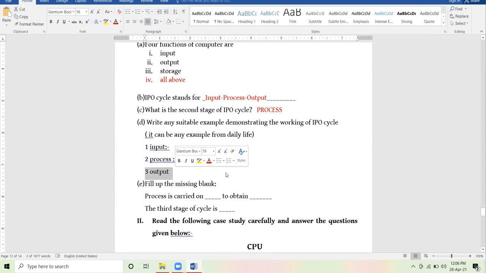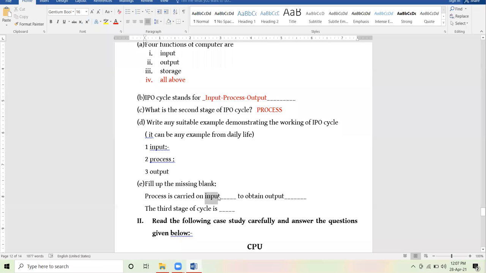Clear? All right. So, Kanish, unmute yourself, beta. Process is carried on input to obtain output.